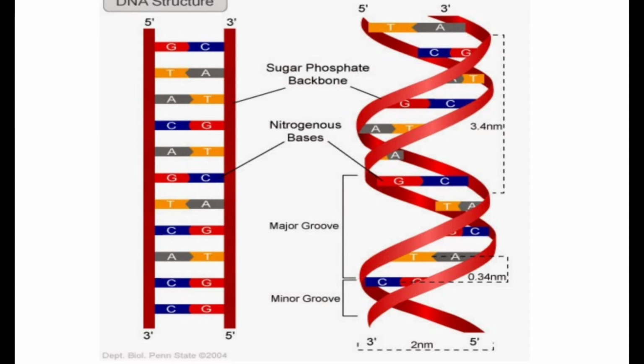Here it is two polydeoxyribonucleotide chains twisted around one another in a right-handed double helix. So you have to underline right-handed double helix.